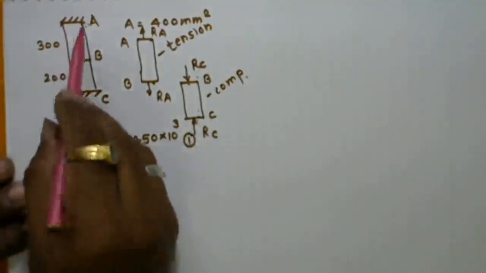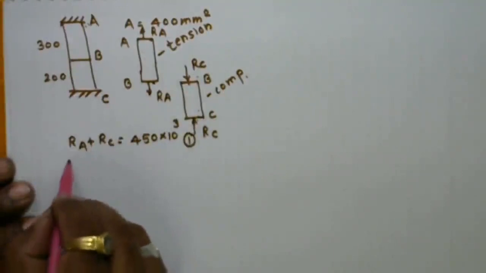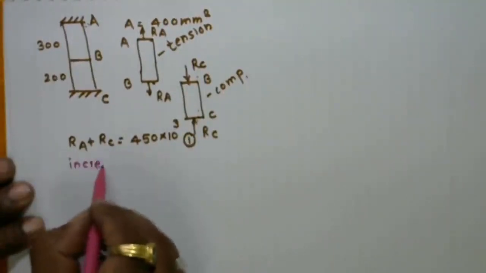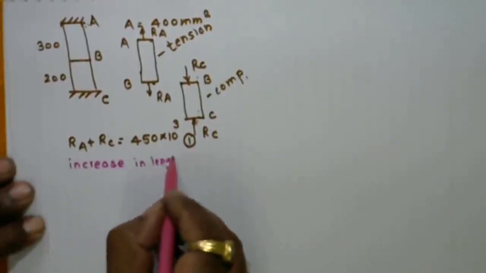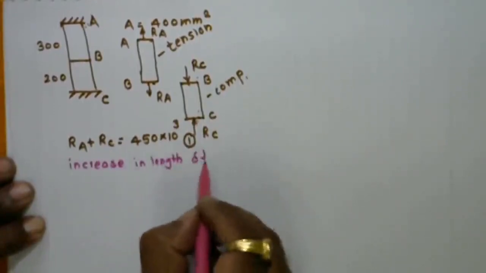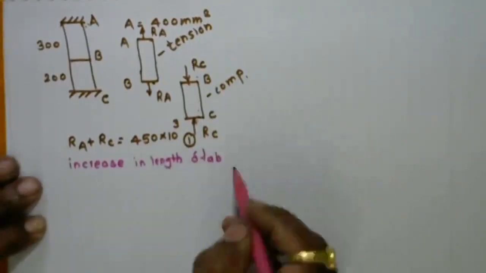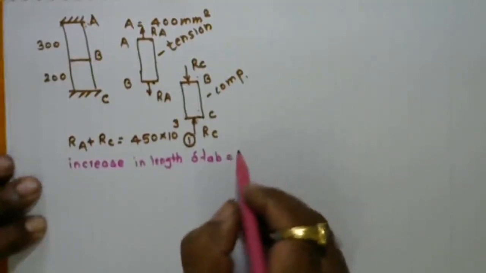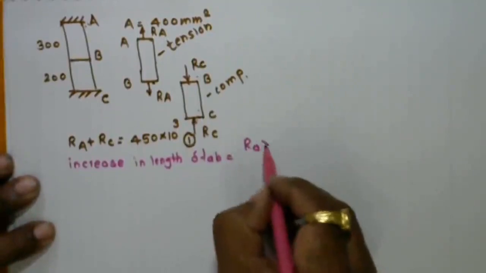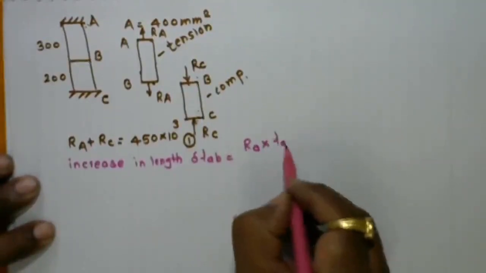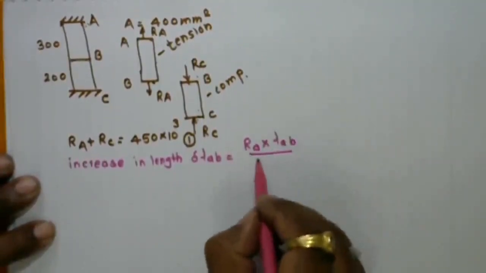So we may say the increase in length, delta LAB, is equal to PL upon AE. P is nothing but the reaction RA, so RA into LAB divided by AE.